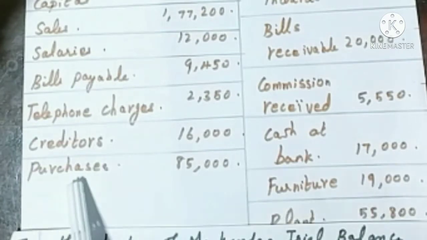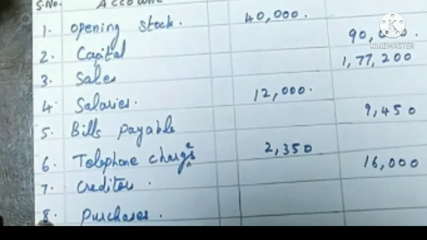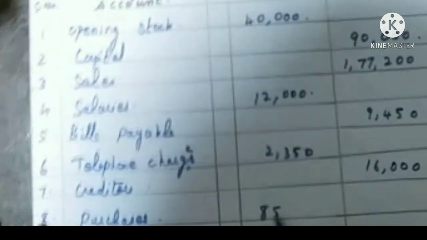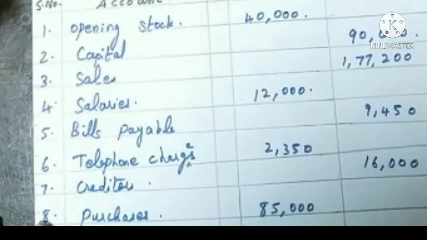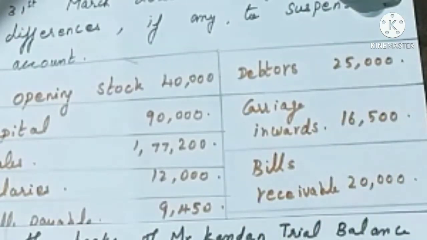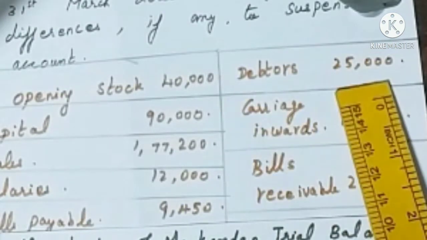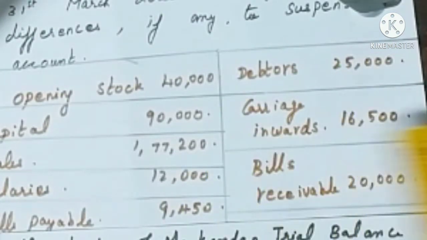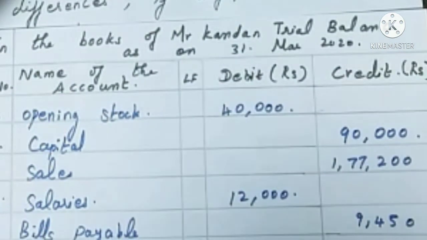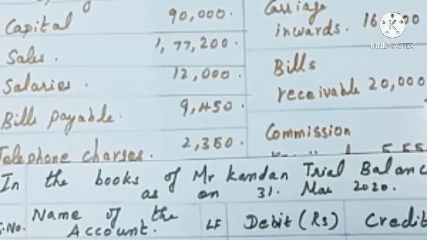Next one is purchases. It should be debited. Purchases 85,000. Debtors 25,000. Carriage inward 16,500. Bills receivable 20,000.